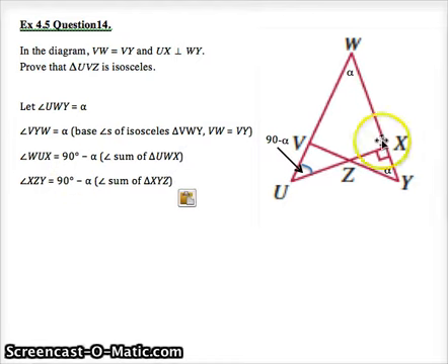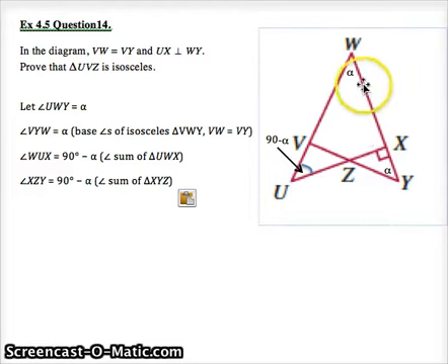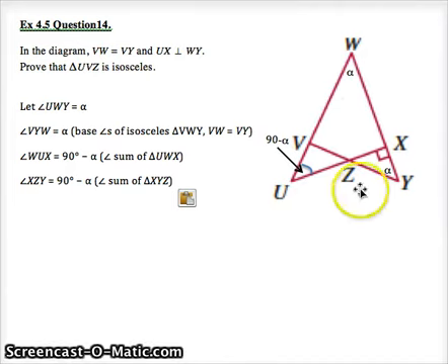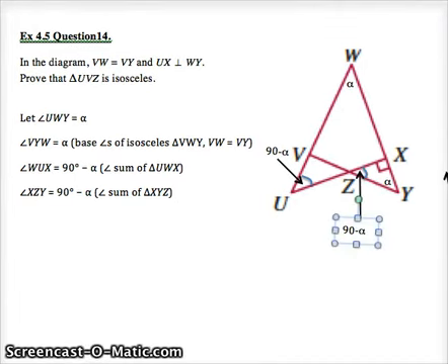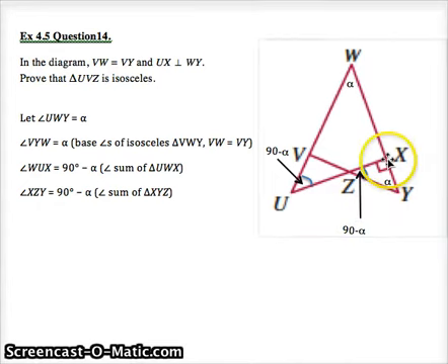So therefore angle XZY equals 90 minus alpha. So this angle in here is 90 minus alpha because it's the angle sum of triangle XYZ. Now you do need to say which triangle you're talking about because we have many triangles here in this diagram. I'm just going to mark this angle here at Z on the diagram. As you can see, I've marked angle XZY as 90 minus alpha.